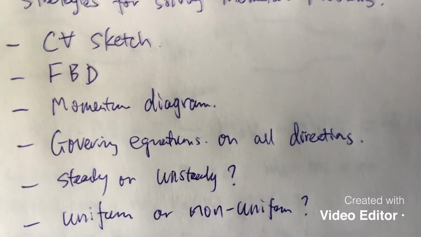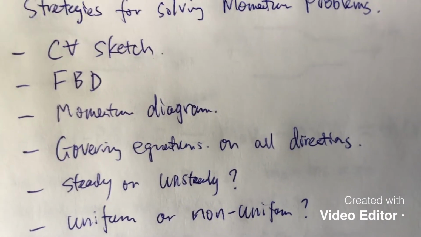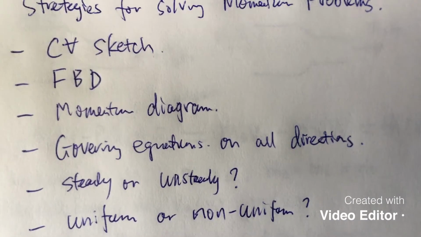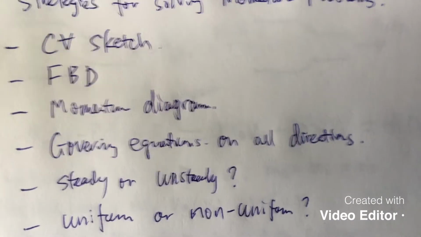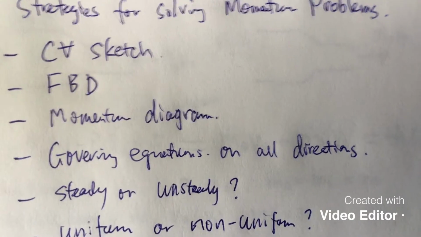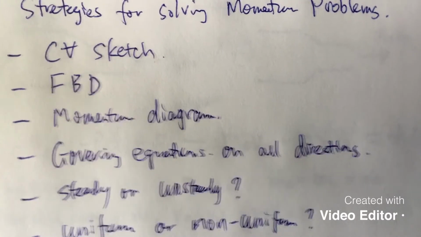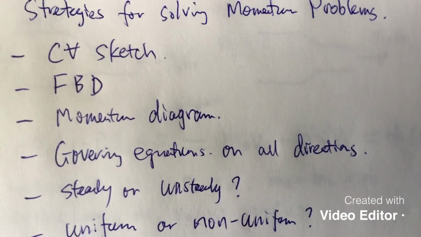Then on the control volume, you can draw the free body diagram, the forces. FBD is the free body diagram for the forces. Then for the same control volume, you can draw a momentum diagram showing the momentum out and momentum in, and their directions. Use arrows to represent them.